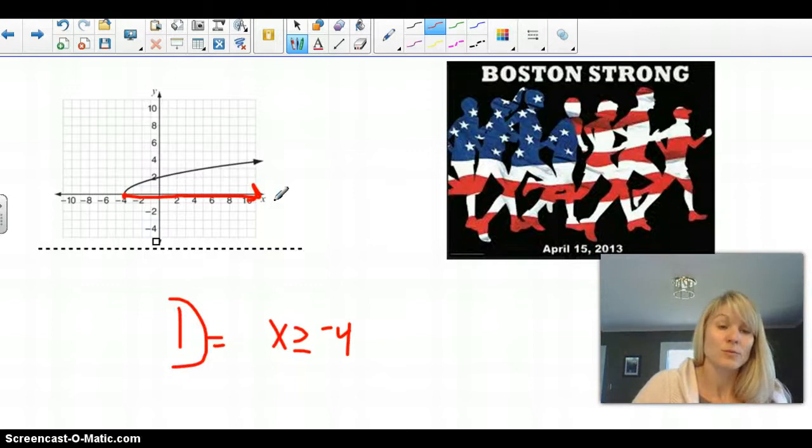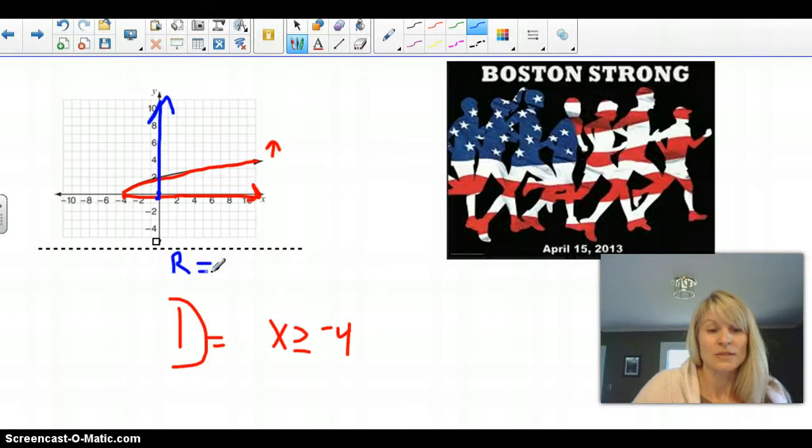Now, if we are looking at the range, now this is going up and it's continuing to rise in this direction. But it starts at this part of the y, and then it's going to continue to rise. So when we're doing the range here, we would say that y is greater than or equal to 0, because this point is at -4, 0. 0 is the y value, and that's the smallest y because the graph doesn't go below here.